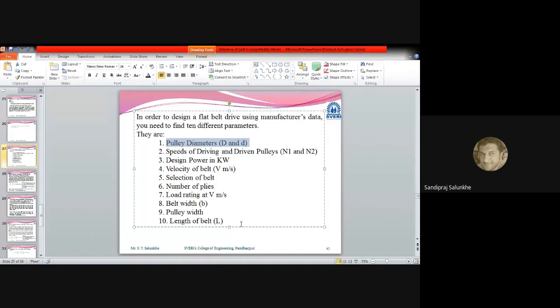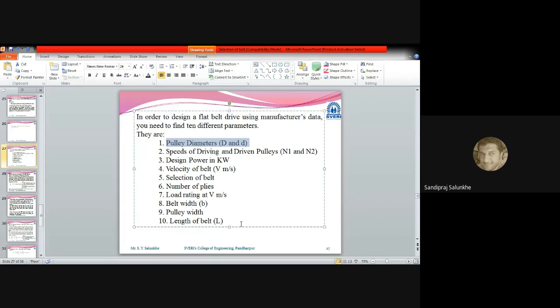And sometimes that data may be provided by the problem which you are going to solve, but it may not be a standard one, because in case of selection of belts, we require the standard diameters of the pulleys, because pulleys are also standard.